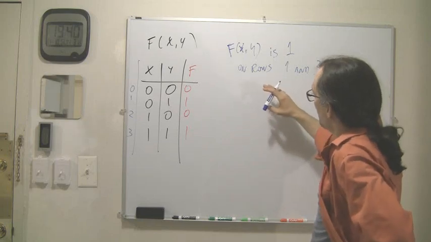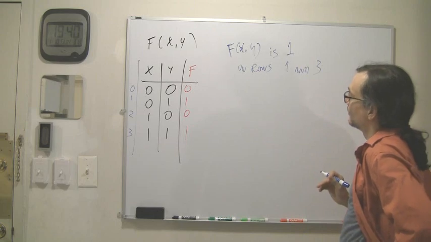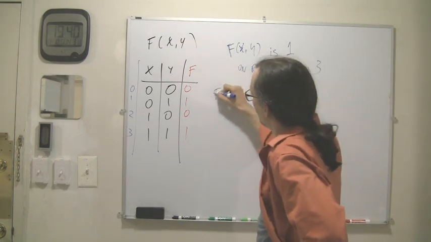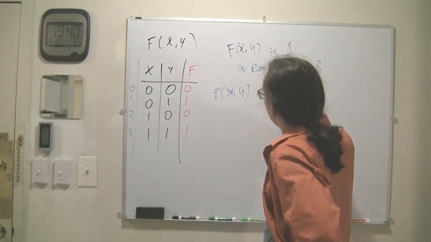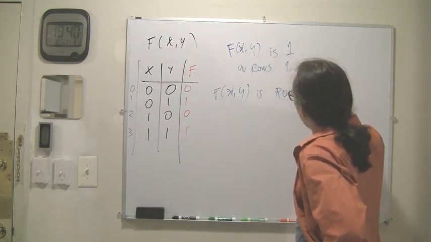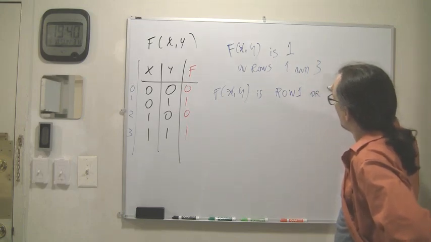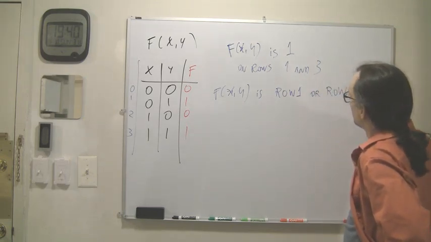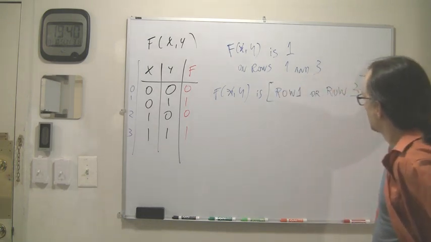Now, you could try to get closer to Boolean algebra by saying, okay, f of x, y is row 1 or row 3, right? How does that make any sense?